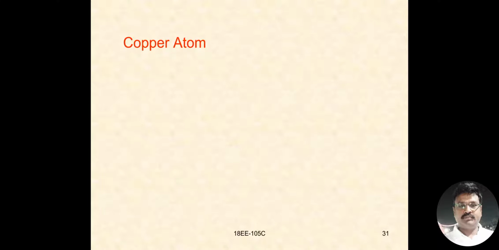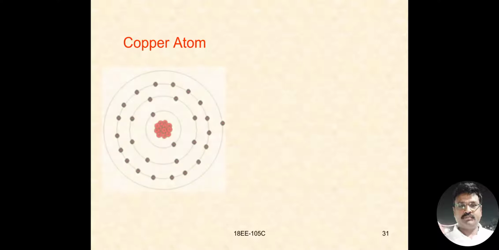Now let us take another example, that is the copper atom. It is the atomic structure of the copper atom. The valence electron is noted. It is shown there is only one electron in the outermost orbit.